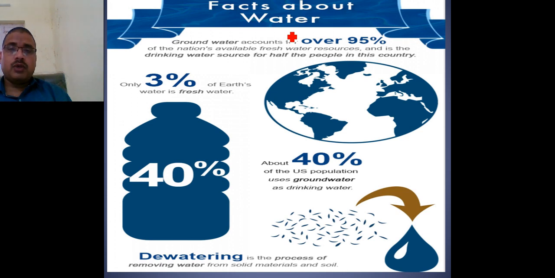Now there is what we call groundwater. Groundwater accounts for over 95% of the nation's available freshwater resources. That means on the ground level there is the earth, under the earth there is groundwater, and under the earth 95% of the nation's freshwater resources are available.